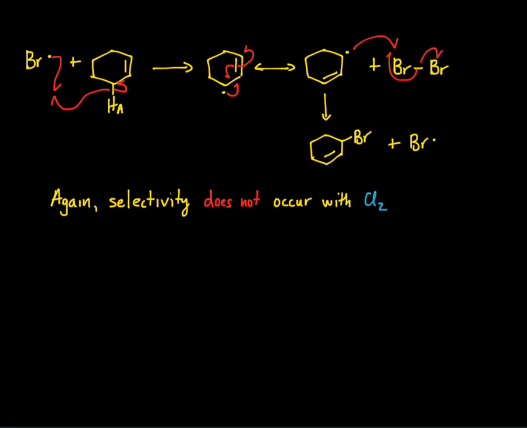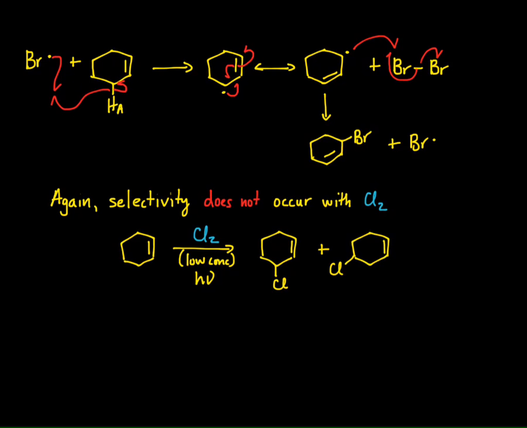Now notice we've only talked about bromination, and the reason for this is because, again, as we saw a difference in the regioselectivity between chlorine and bromine, this also applies to allylic halogenation, where we don't see the selectivity with chlorine. For example, if I take cyclohexene, again react it with chlorine now, low concentrations in the presence of light, I do get chlorination at the allylic carbon, but I also get chlorination at the methylene carbon, right?